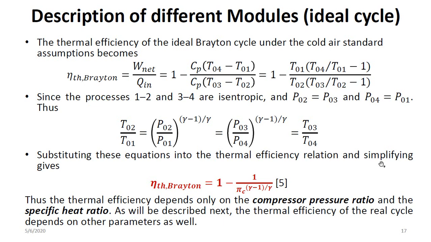Then the CPs that are the same, you cancel them out, and you rearrange this equation by dividing it by T01, and if you do that, you will realize that what is in the bracket in the numerator and what is in the bracket in the denominator, if you assume isentropic process, they'll be the same, so these can go, and eventually what you remain with is 1 minus T01 over T04, and this is nothing but the compressor pressure ratio, but the inverse of that.